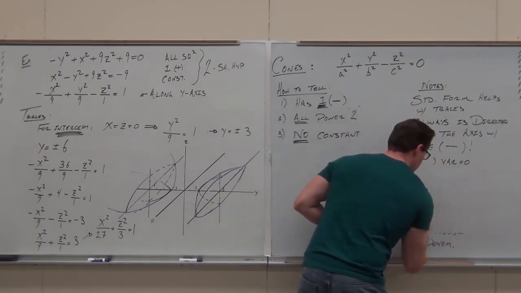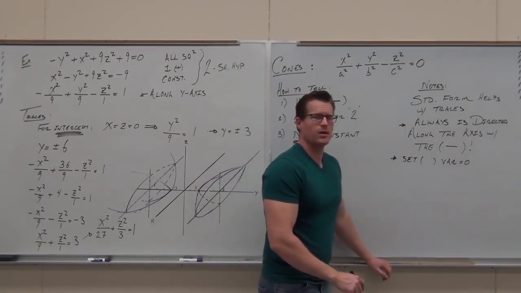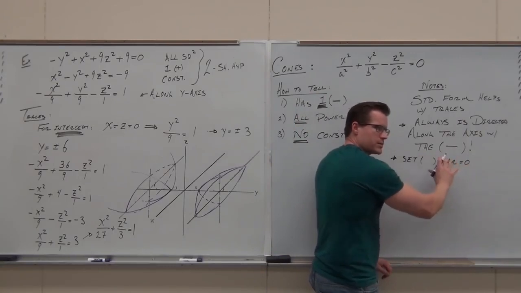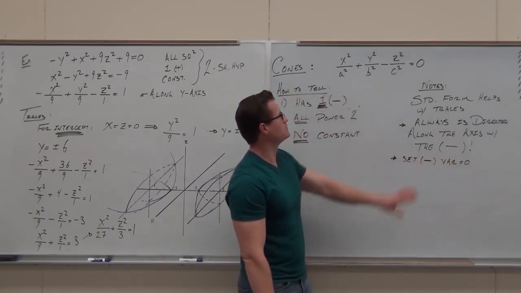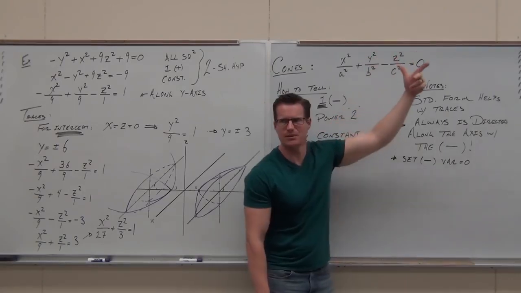Again, though, just look at this for a second. Don't write this yet. If I set that equal to 0, what's it tell me? It tells me I'm at the origin. I have to have zeros here to make that happen.